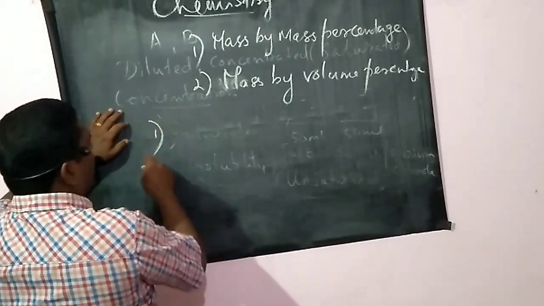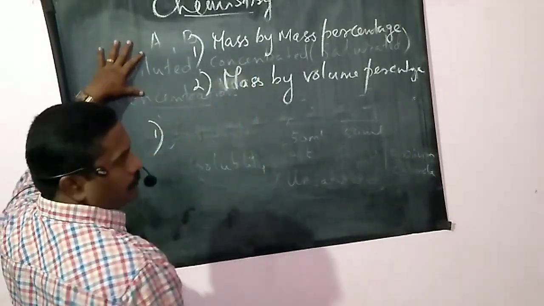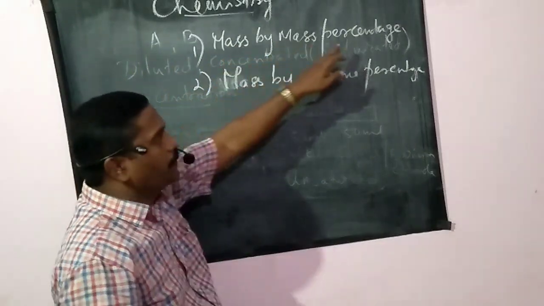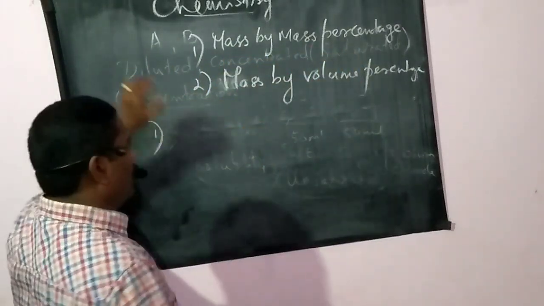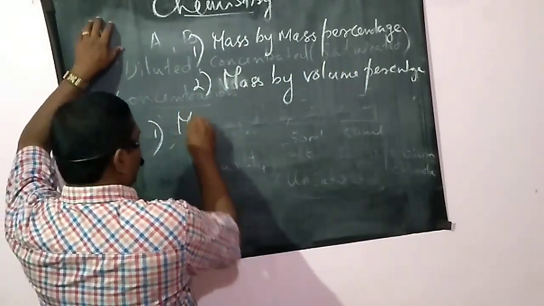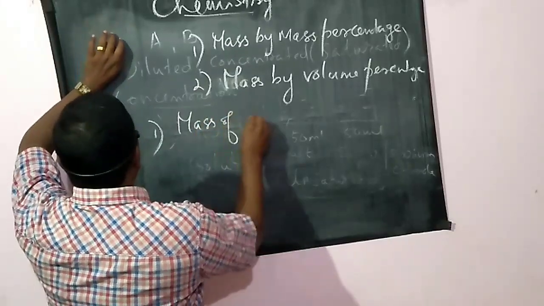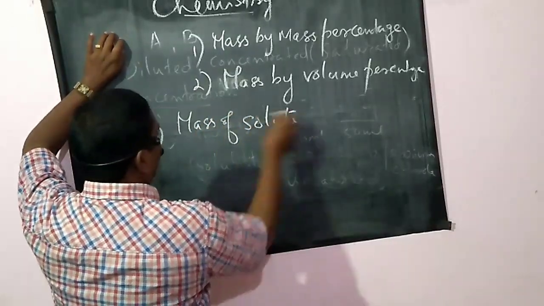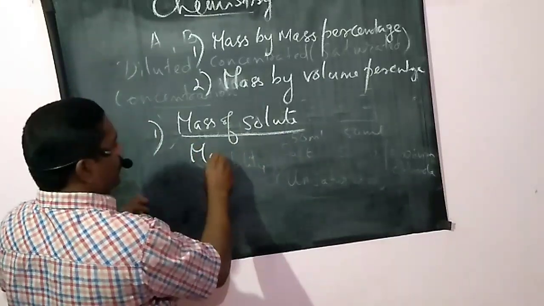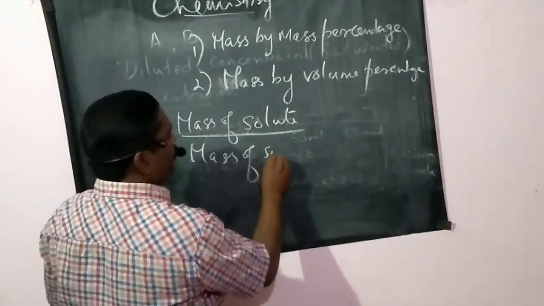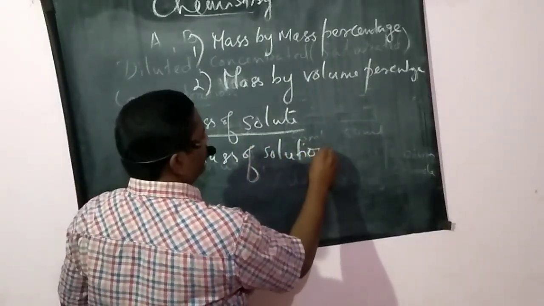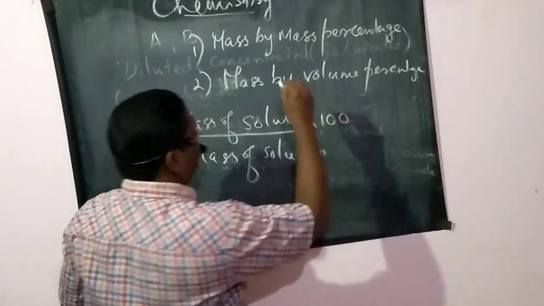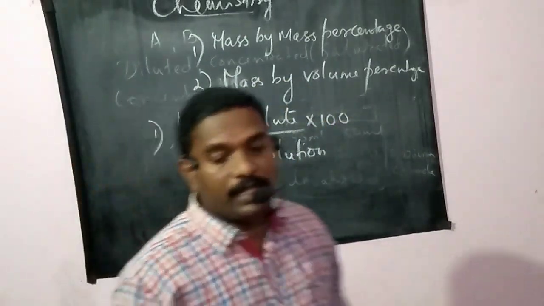Mass percentage of a solution can be expressed as mass of solute by mass of solution into 100, this percentage.